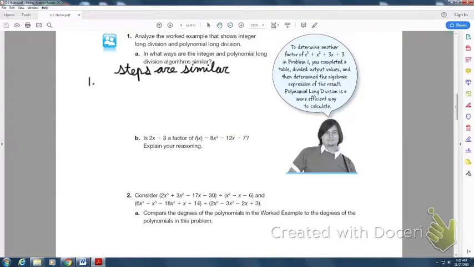So the first thing we did was divide. After that you multiply, subtract, drop down. Then the last step is just to repeat the first four.